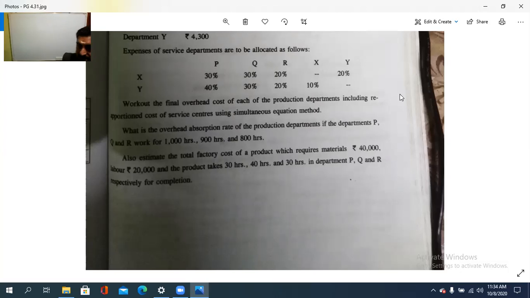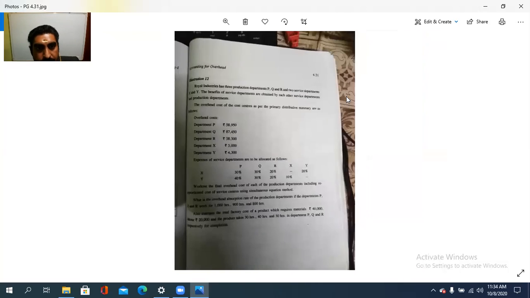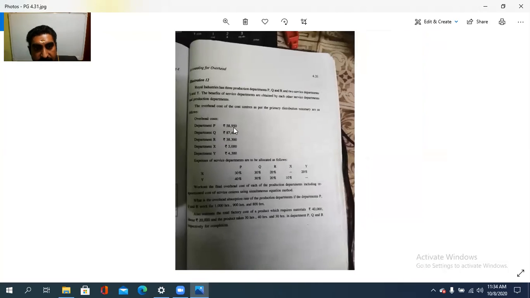So we will do it firstly with the same method as before, that is the simultaneous equation method. 58,950, 87,450, 38,300, then 3,000 and 4,300 are the overhead costs of the cost centers.